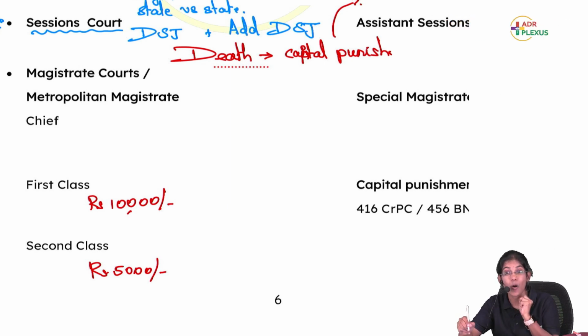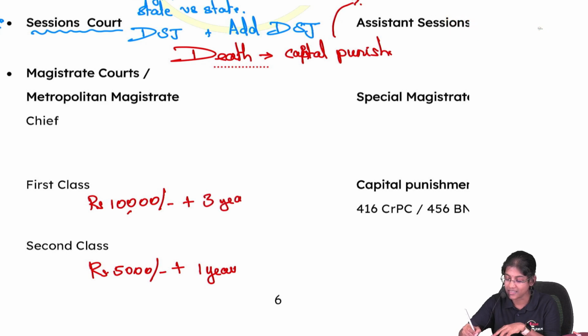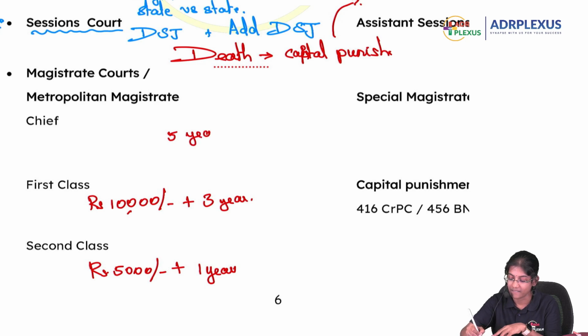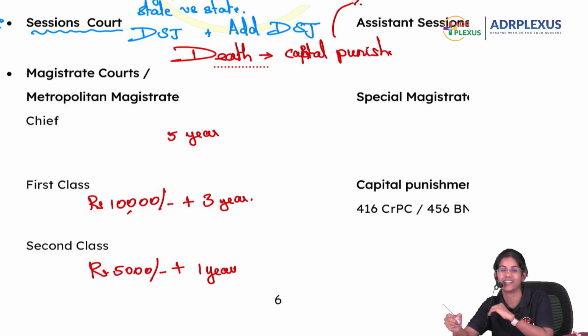What about the years of imprisonment? A second class can give 1 year, first class 3 years, then 5 years, and here you have 10 years. They can give punishment of 1, 3, 5, 10.